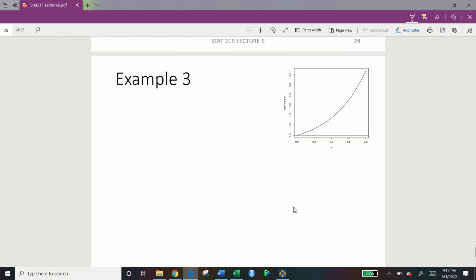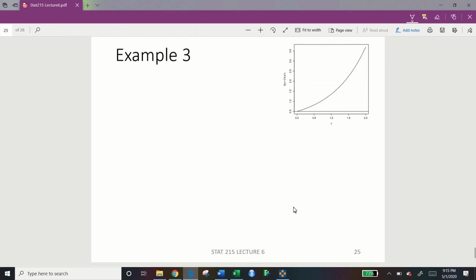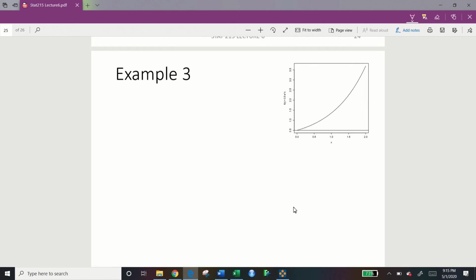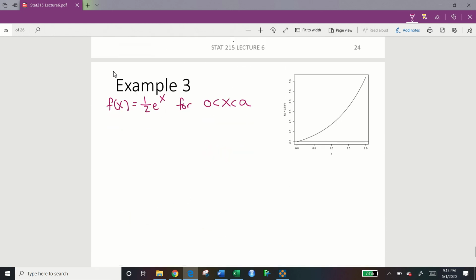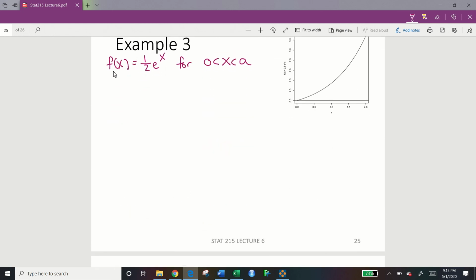We know in order for something to be a PDF, when we integrate, it must equal 1. Correct? That's correct. So, with our function f of x equal 1/2 e to the x for 0 less than x less than a. Let me double check that that's right. Yes. Okay.